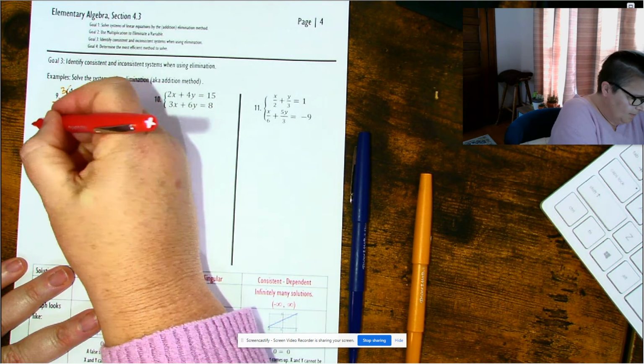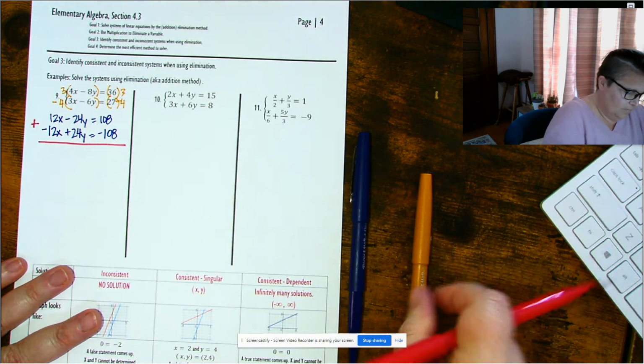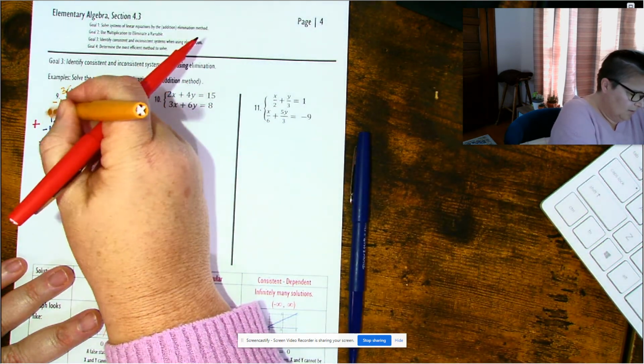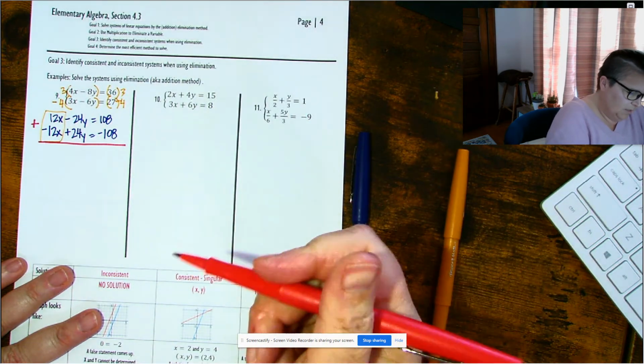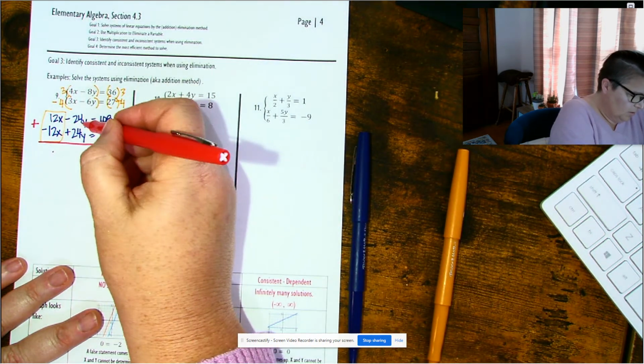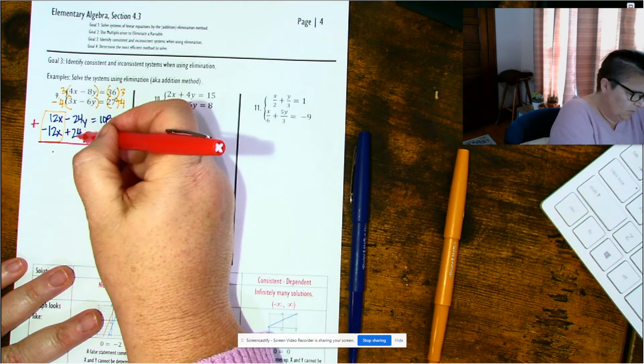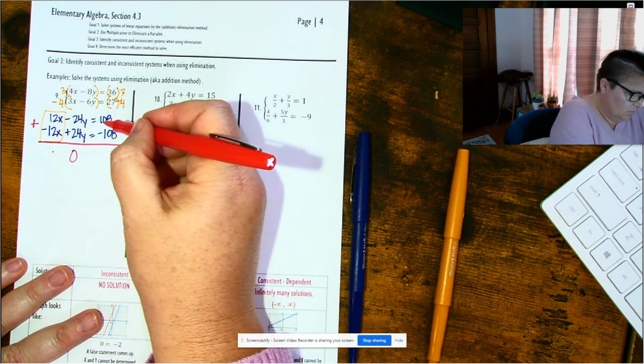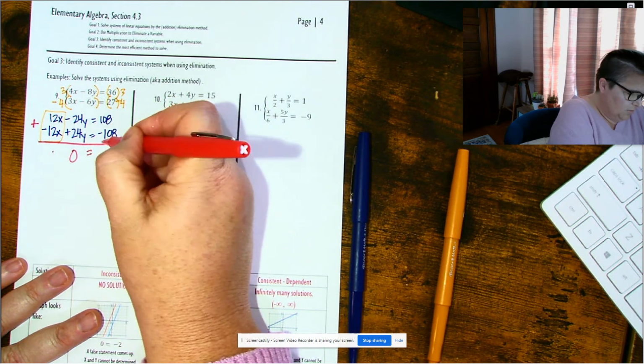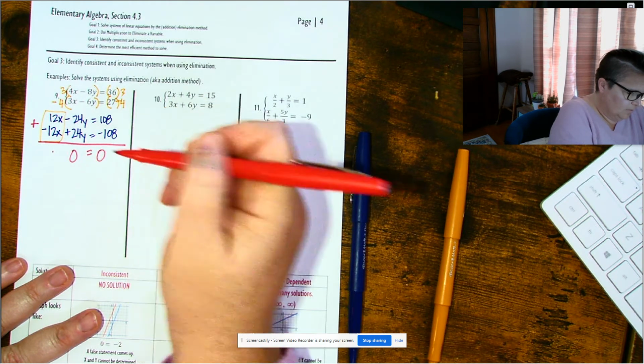Now, when I add them, these guys will cancel out. So I'm going to get a 0 there. Minus 24y plus 24y is a 0. Minus 108 plus 108 is a 0.